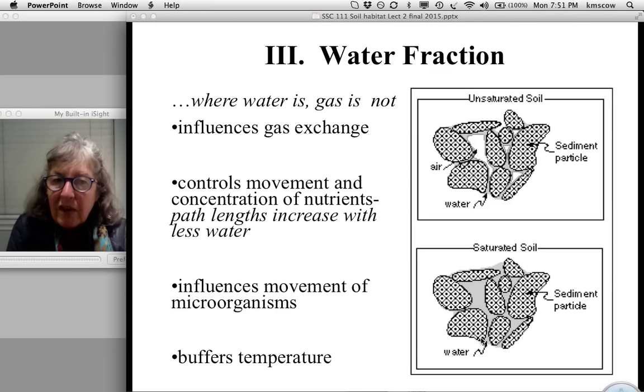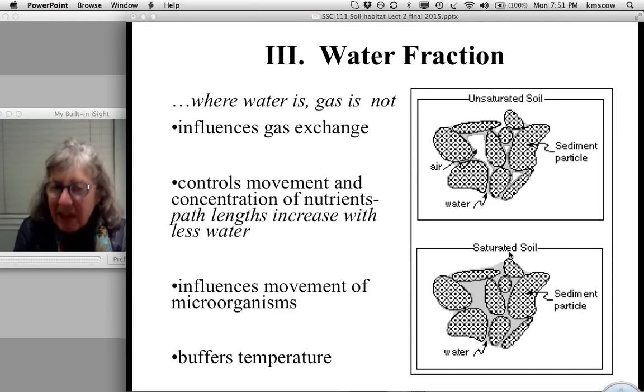Also, if there's a lot of water in the soil, here's a picture over here showing some soil particles. This gray color is the water in an unsaturated soil. That means a soil that is not having all its pores filled with water. You'll see that there's big gaps where the air can pass through rapidly and you could have rapid gas exchange.